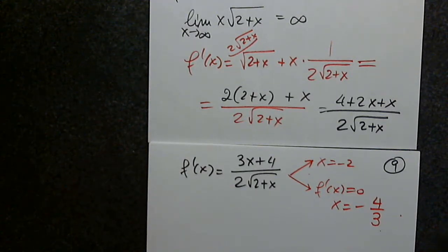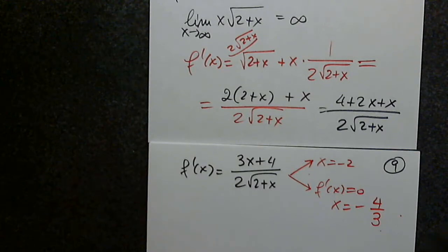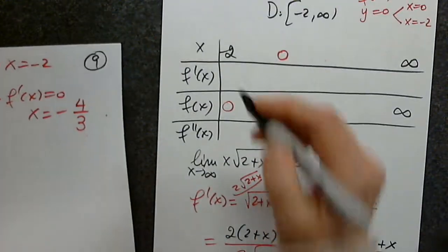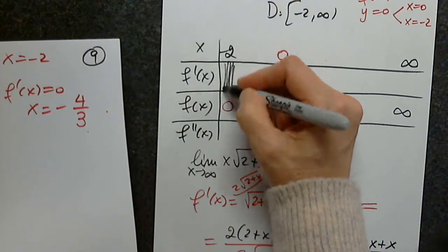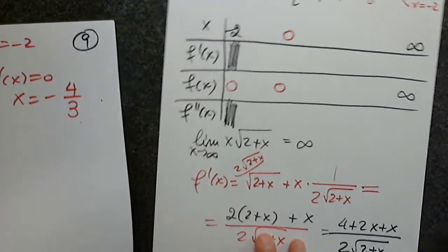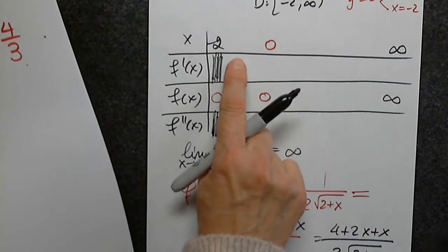Now let's see if these two numbers are in the domain. Yes. Okay, so at -2, f prime is undefined, and so is the second derivative. And at negative 4/3, is negative 4/3 in the domain? Yes, it is.